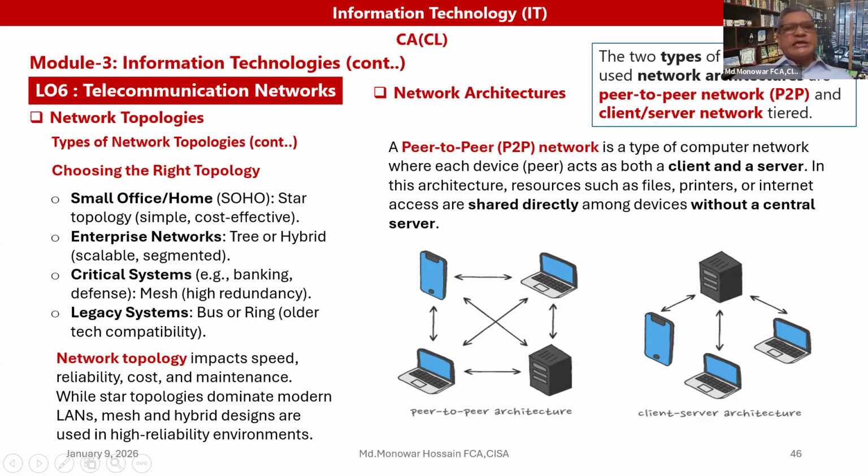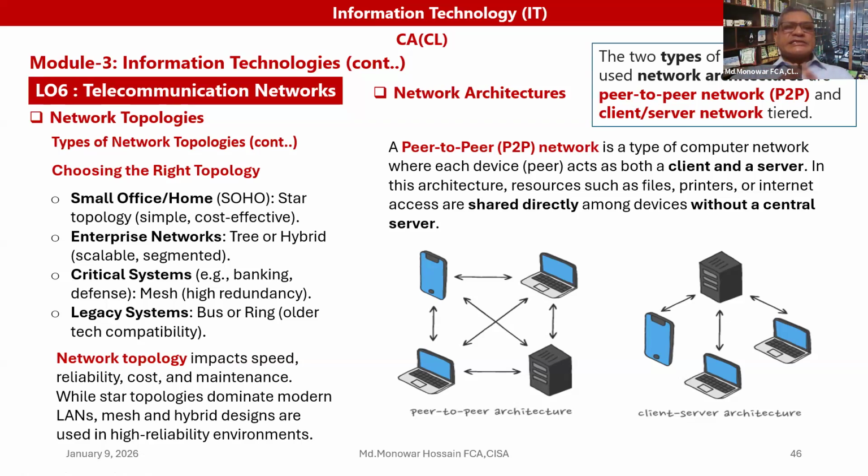If it is an enterprise network or organization, they can choose tree or hybrid. And for a critical system, we have to choose the mesh topology, for example, banking, core banking solutions, defense, etc.